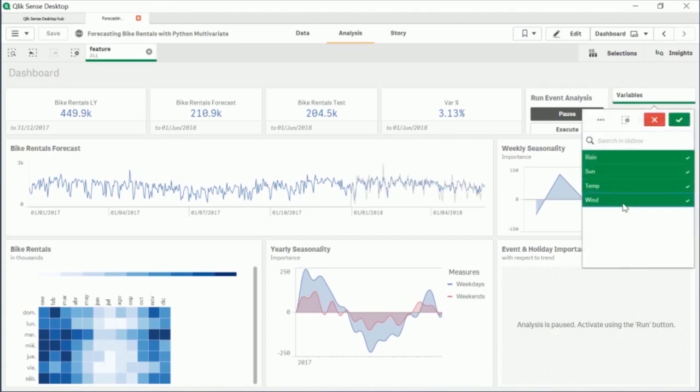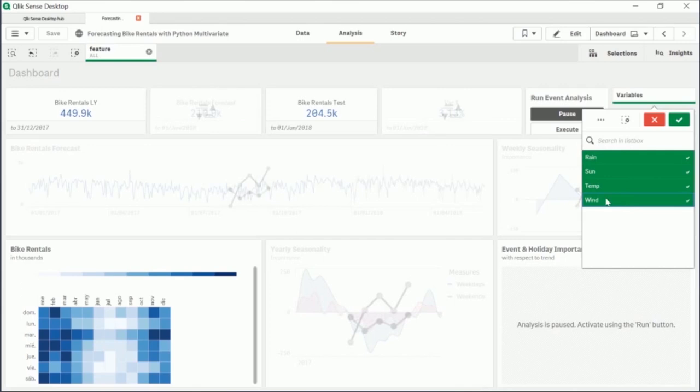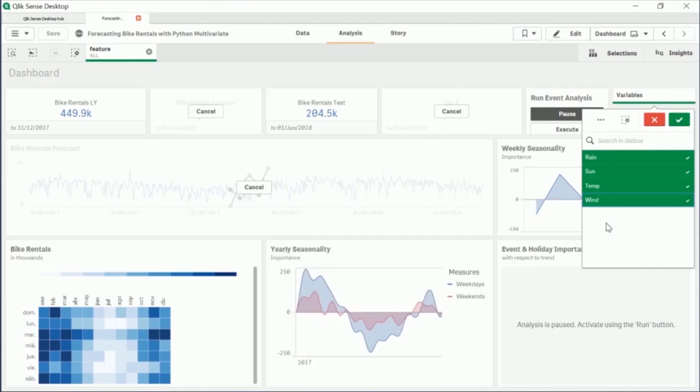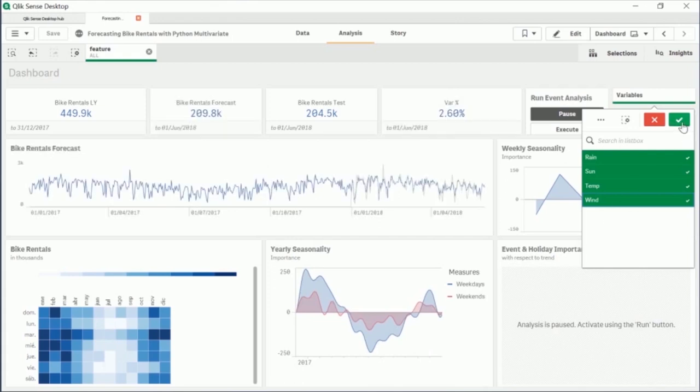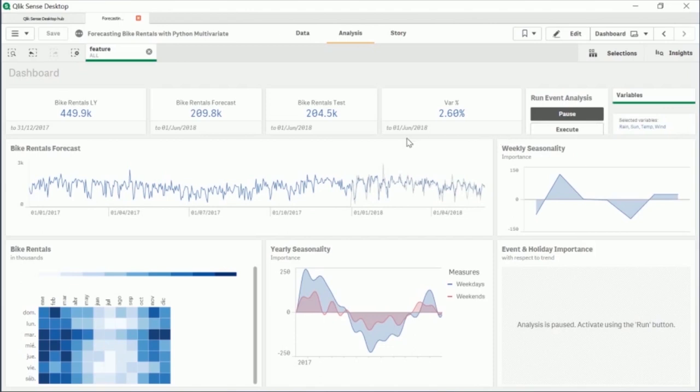And let's use the other two that we were missing, the temperature and the wind. And let's wait for Python to finish the calculations. Remember that I'm running this on my laptop, so that's why it's taking its time.